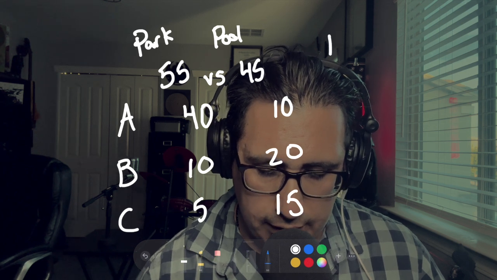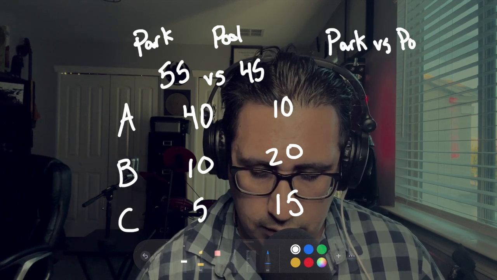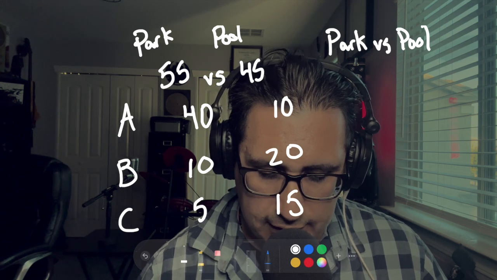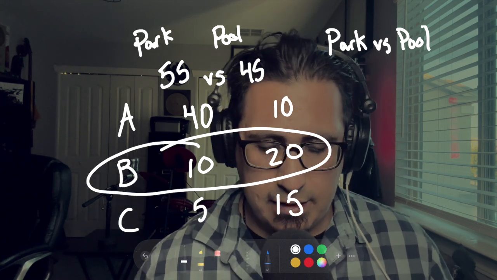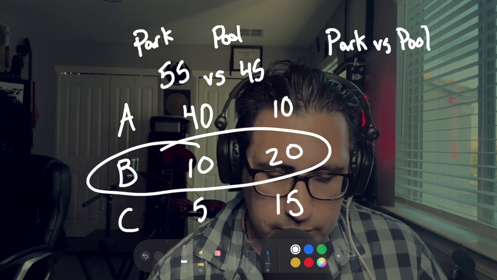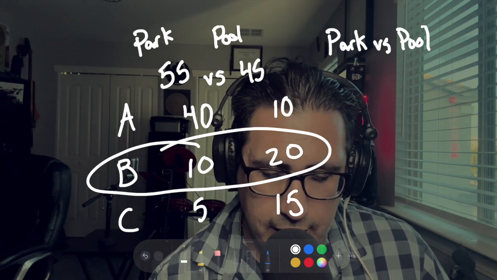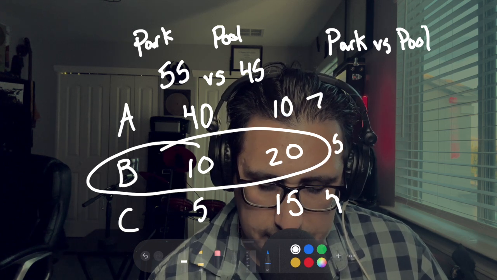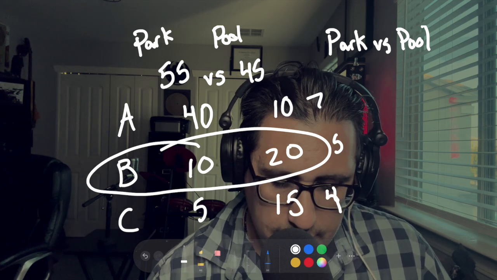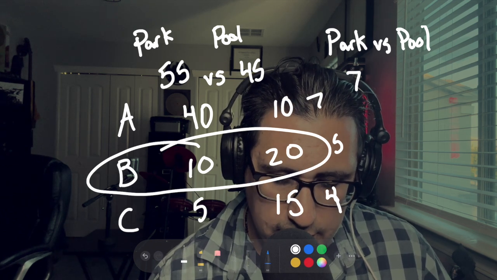So now, again, park versus pool. Now let's say block B is going for the national vote. So block A is going with the majority, has a 7, 5, and 4 up for grabs again. So block A, park wins, so it gets all 7 votes.